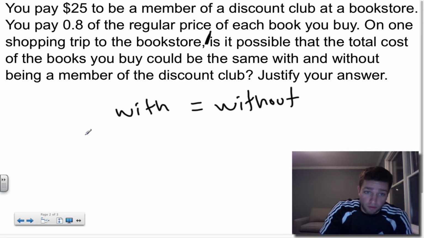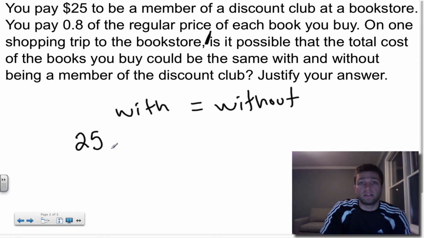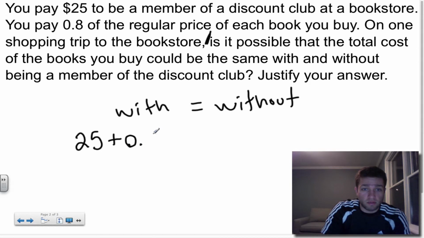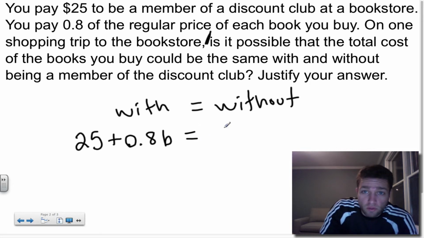If you are a member, what are you paying? You're paying a $25 fee to be a member of the discount club, plus you're paying 8/10 per book. If you are not a member, what are you paying?